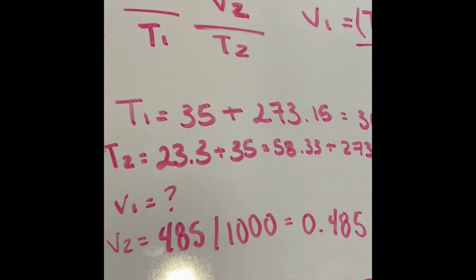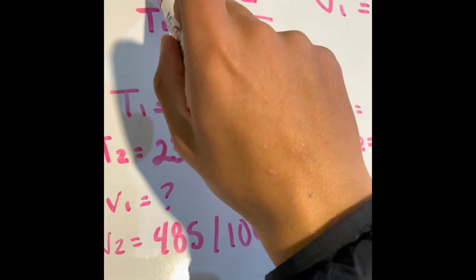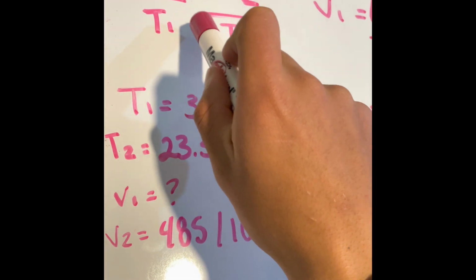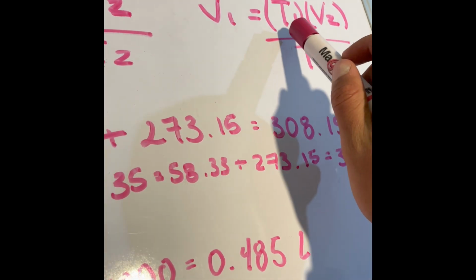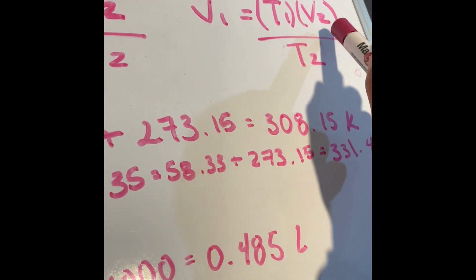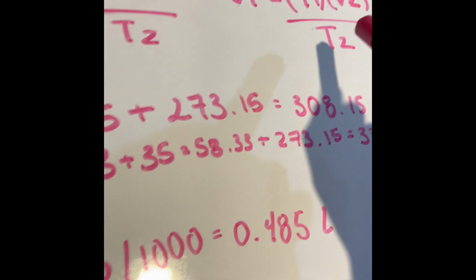Charles' law. First of all, this is the formula: V1 under T1 equals V2 under T2. V1 equals V2 times T1 under T2.